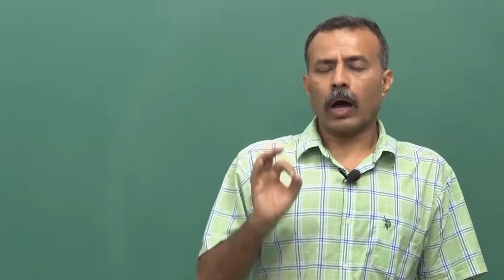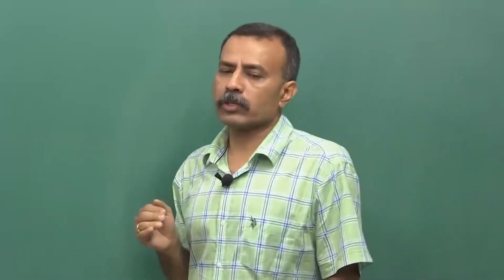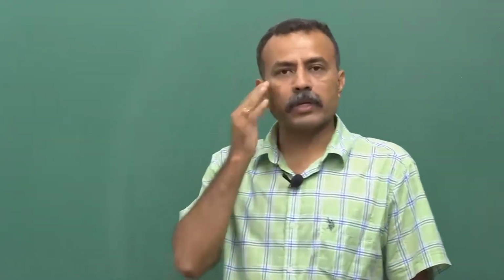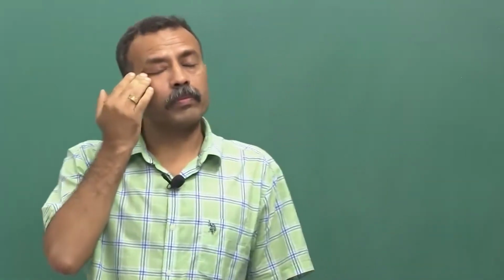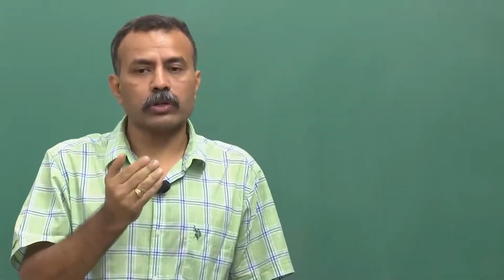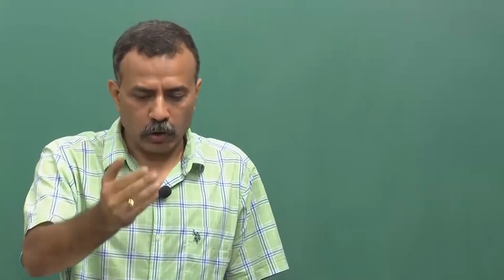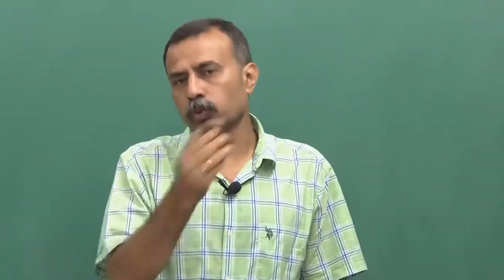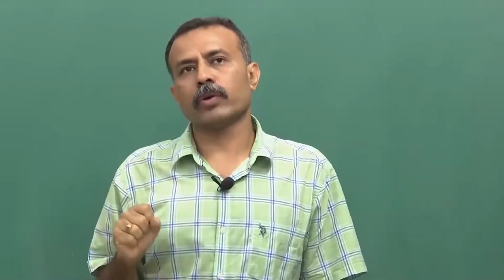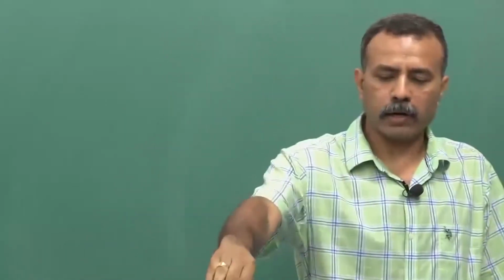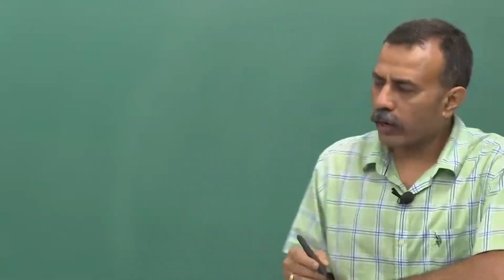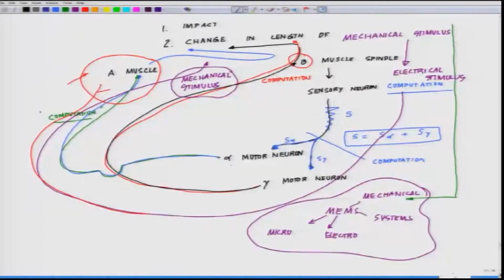Now, how the signal in a normal situation is transmitted from the motor neuron, or the axonal terminal of the motor neuron, to the muscle. Today we are going to discuss that part. Okay. So this synapse is what we will be dealing with.